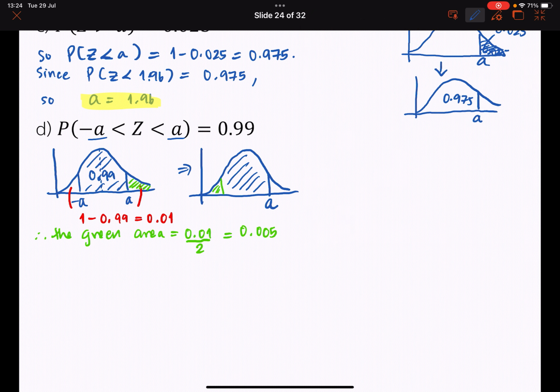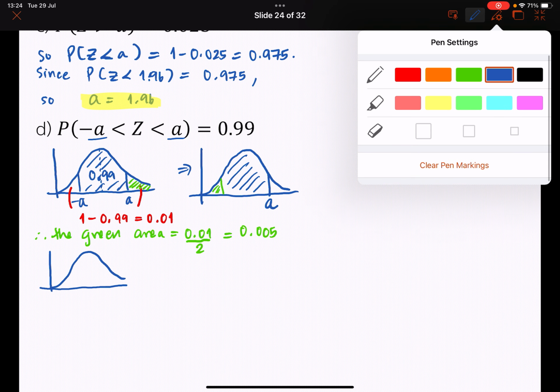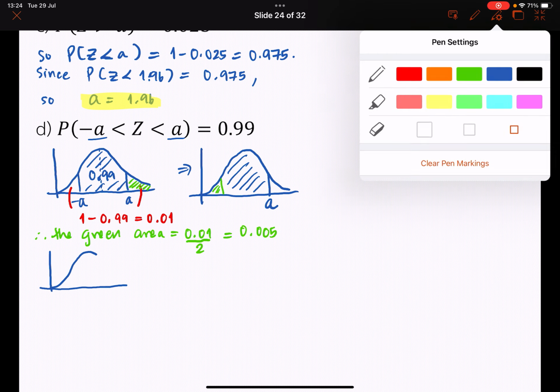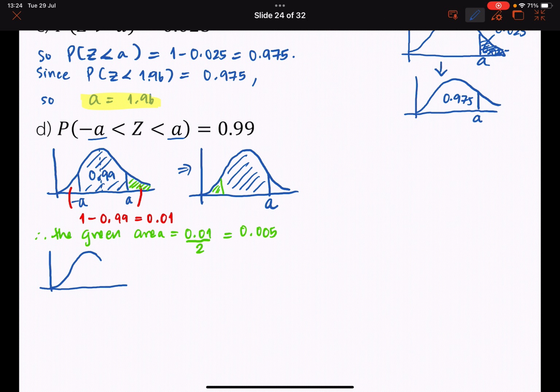So the total area up to A, this area, oops, this area up to A, it's gonna be the combination of the two.